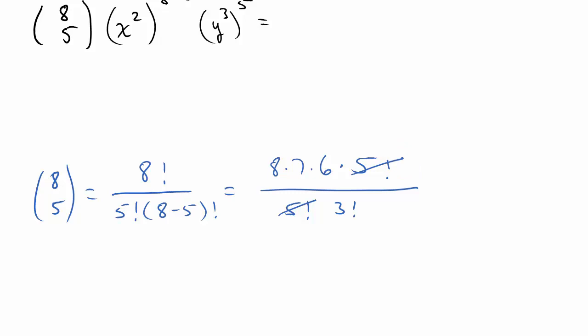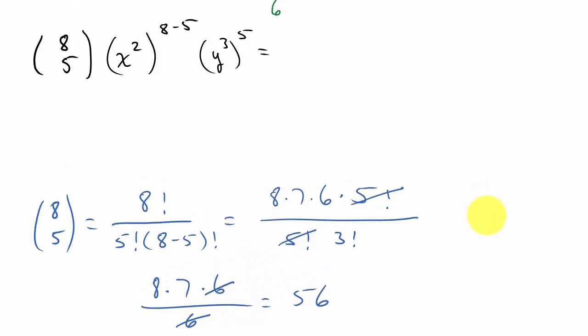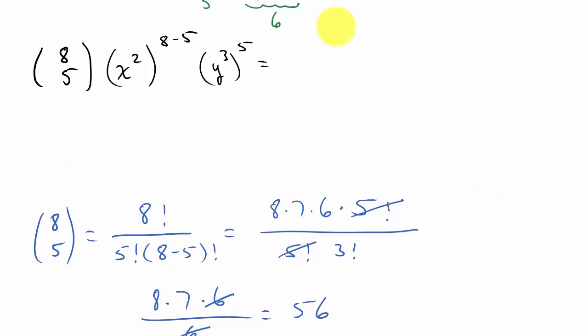Alright, so let me just go ahead and write this next one down. That's 8 times 7 times 6 over 3 factorial, which is 3 times 2 times 1, which is 6. You can see the 6's cancel, and that would leave me with 56. So this is going to be 56 times x squared to the third.